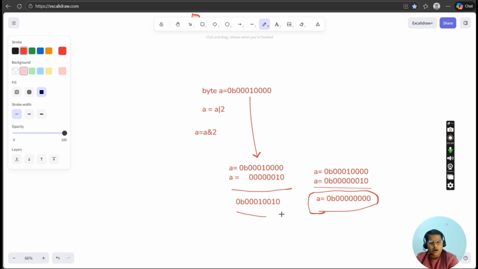But when I'm doing OR, whatever bit I am interested in, like I was interested in the second bit, you see that the second bit is set. When I'm trying to clear the bit, the second bit is clear now. Look here, the second bit is clear. So when you are doing OR, you are actually setting the pin, and when you are doing AND, you are clearing the pin, right?